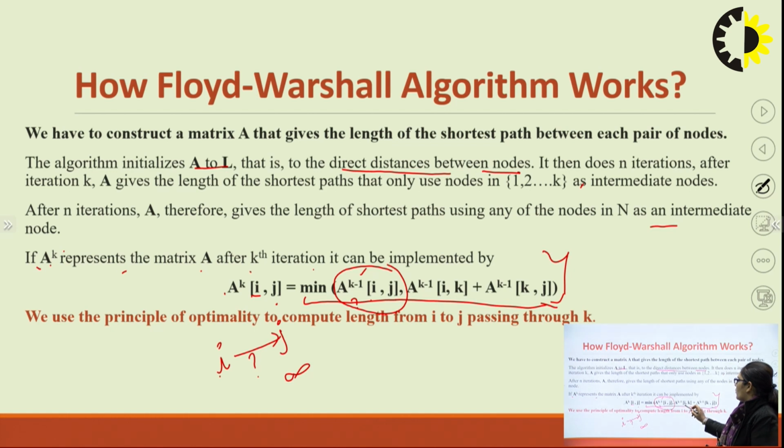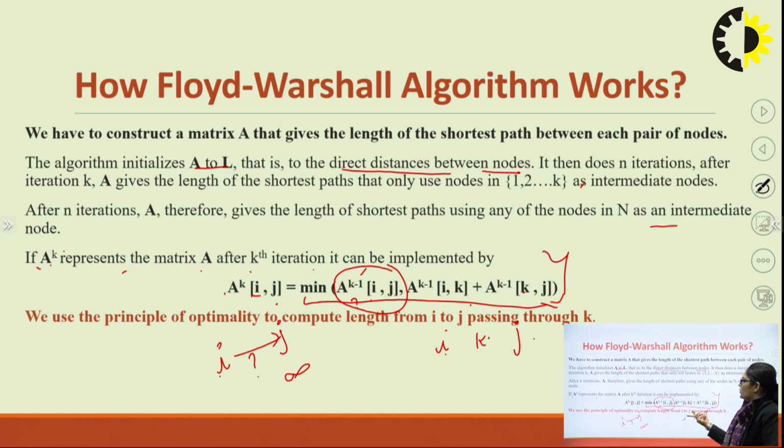Or if we have to go from I to J, and we are not going directly, first we go from I to K, the intermediate node K, and then from K we go to the destination node J. Here in the formula you can check, we first calculate the distance from I to K and then from K to J, and you sum both. If this value is the minimum as compared to A^(k-1) ij, then we will consider this value.